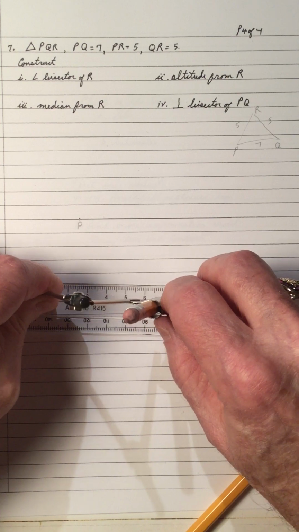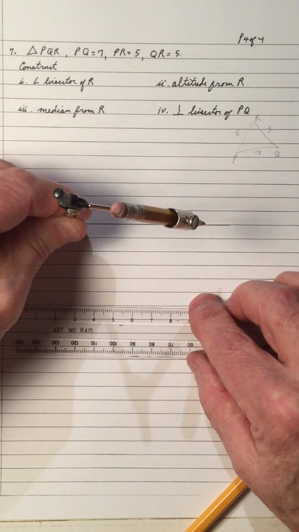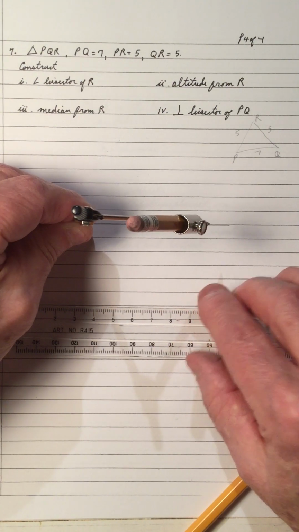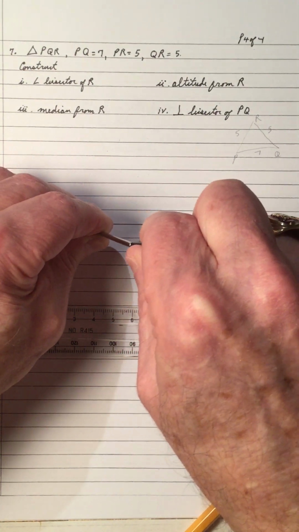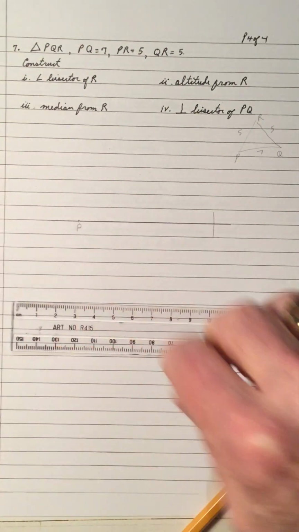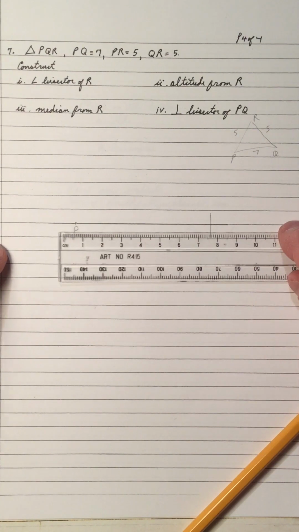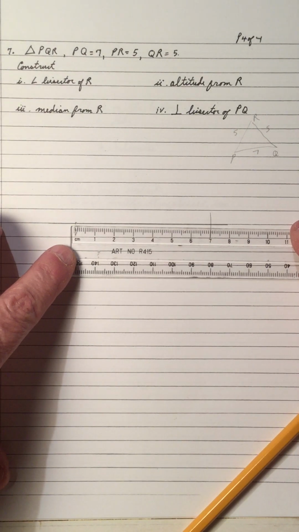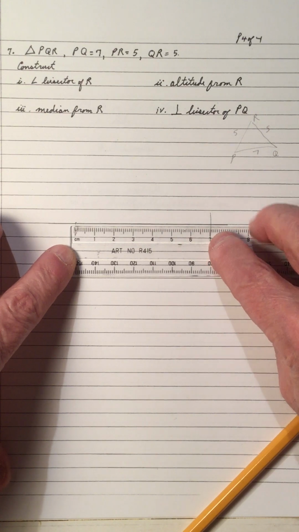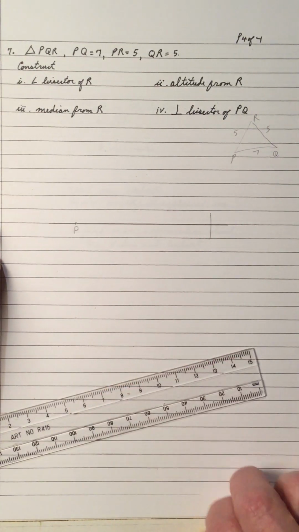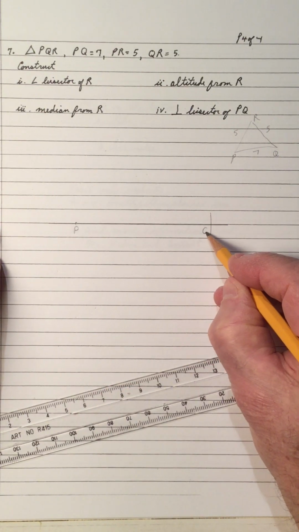So that's 7 centimeters long. So PQ is 7. Now I could have taken a ruler because the initial length could be done with a ruler. I could put a ruler here and mark off 7. So now this is P and this is Q.